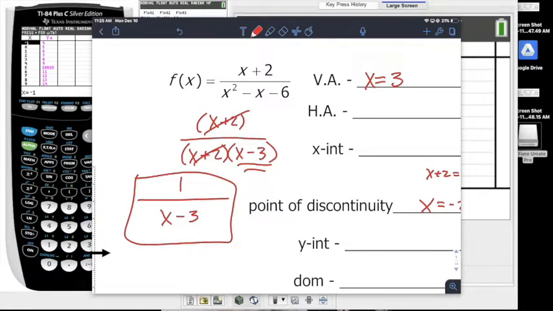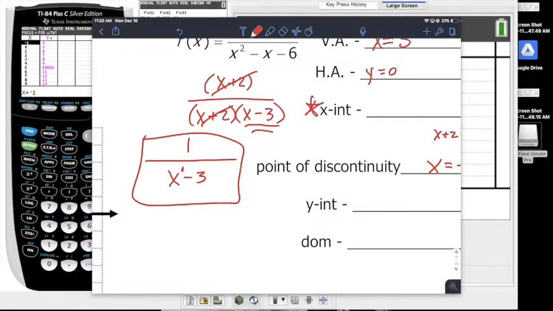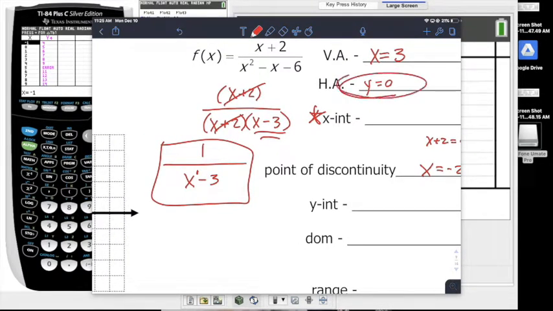So we're going to start using this from now on. Horizontal asymptote, if you look here, it's bottom heavy on the power, so you've got degree 1. So once again, it's y equals 0. Now the x-intercept, you've got to be careful here. If you have a horizontal asymptote at 0, that means there should be no x-intercept.